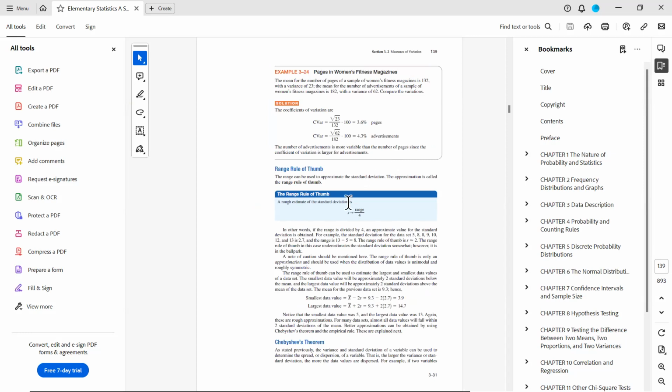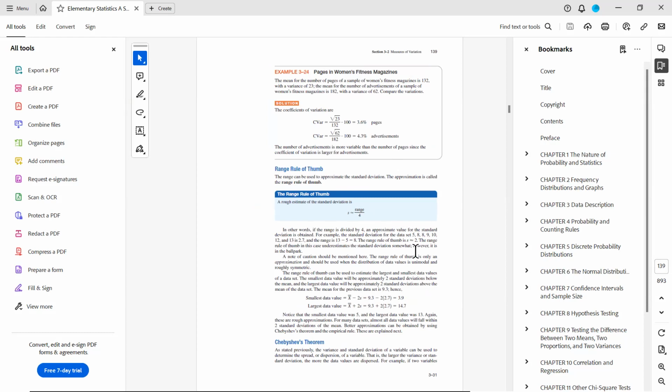It says, the range rule of thumb can be used to approximate the standard deviation. The approximation is called the range rule of thumb. It's the range divided by 4. In other words, if the range is divided by 4, an approximate value for the standard deviation is obtained.